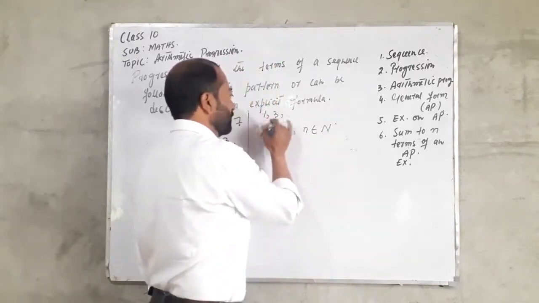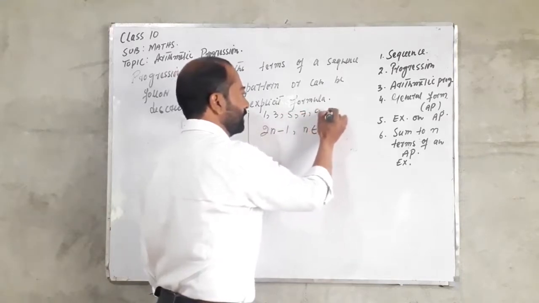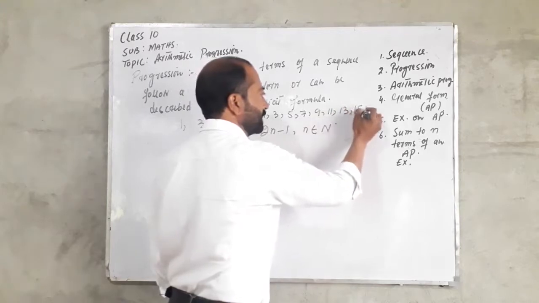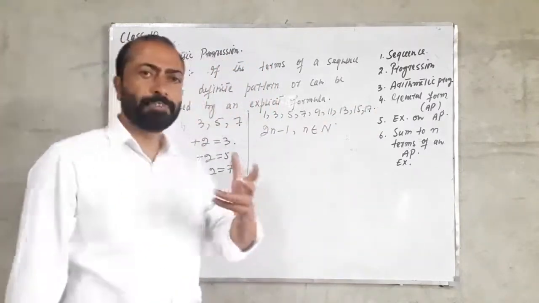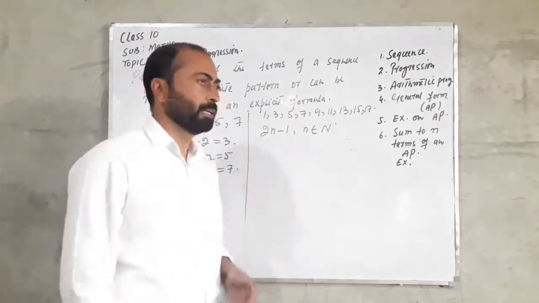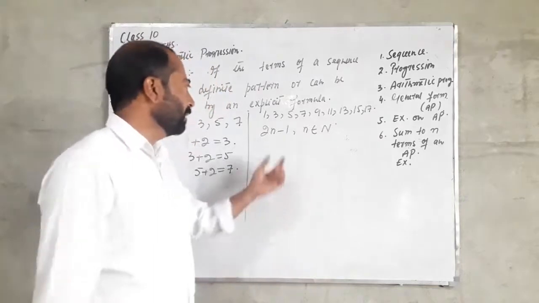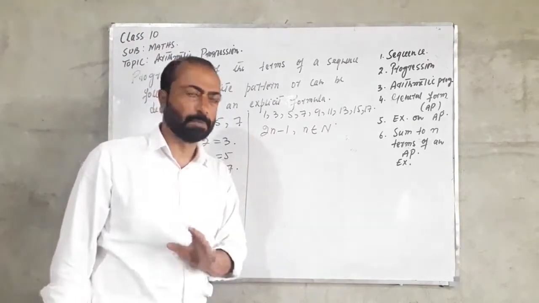Writing the odd numbers 1, 3, 5, then 7, then 9, then 11, then 13, then 15, 17. For example, you want to get the fifth odd number by this formula. Simply you have to replace n by 5 to get the fifth odd number.